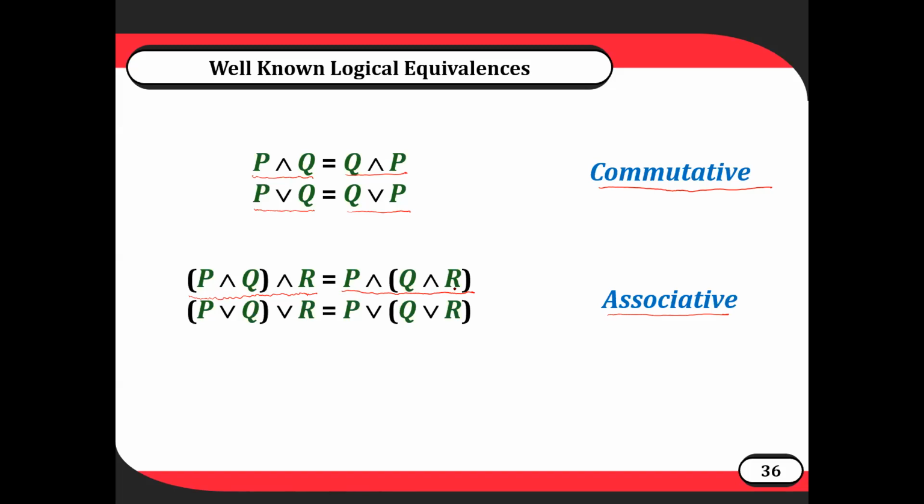If I put my brackets to enforce the order of operations, it doesn't matter where I put them, as long as all of these operators are the same, either all AND or all OR. Is everyone following?